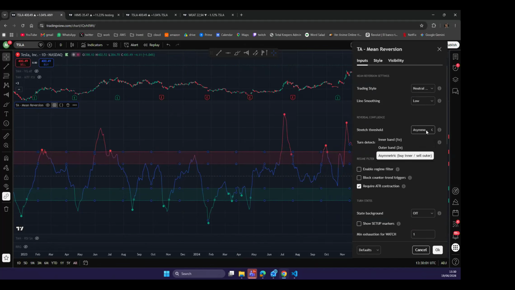What is considered oversold? You have inner band. You will get more signals if you go to inner band. You can also play outer bands, if you are trying to get clearer tops and bottoms. But you also have asymmetric. Asymmetric will play buy on the inner and sell on the outer.